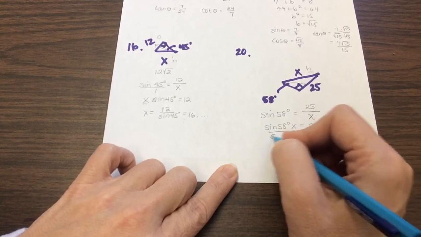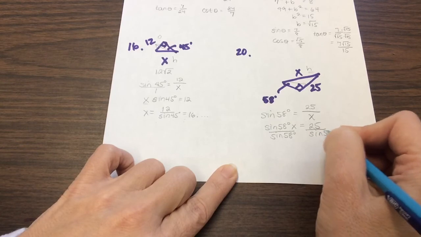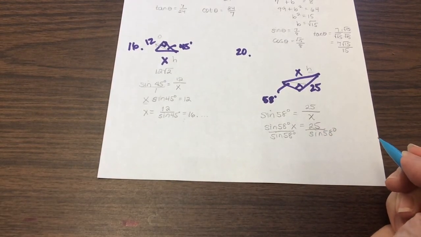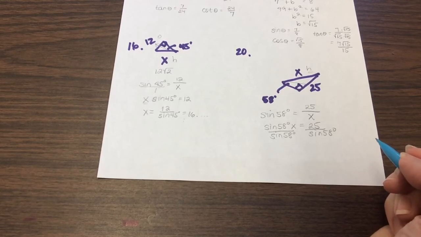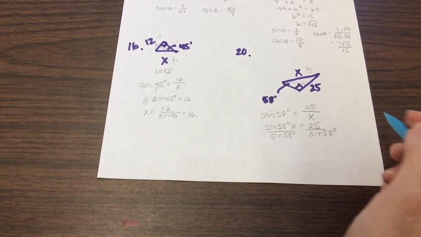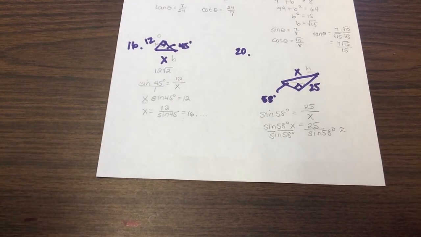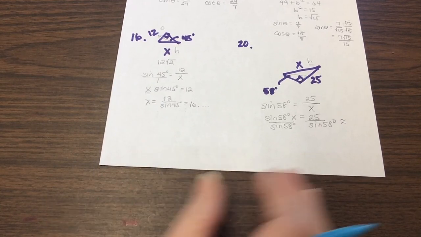Divide both sides by the sine of 58 degrees. And plug that in your calculator and get whatever that answer is. So I don't have the answer written down. Alright, one more.